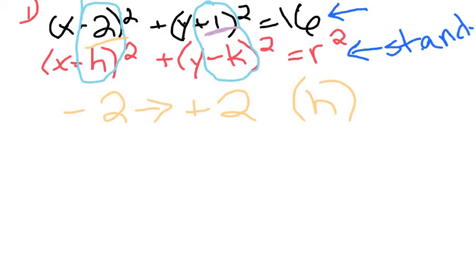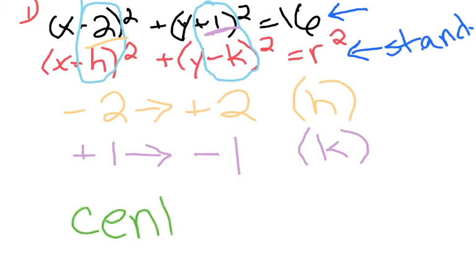So I'm going to go up here to the top, and there's a +1, and I'm going to take the opposite, and the opposite of +1 is -1. And that is k. And that's it. So we're going to just write it down here.